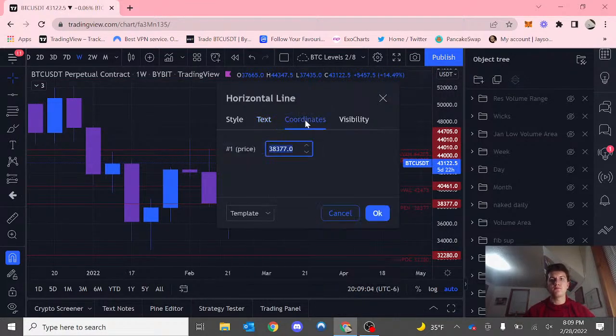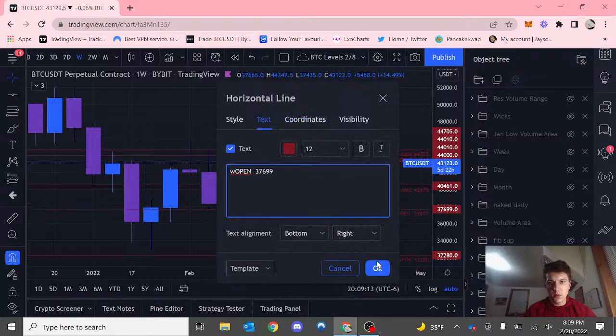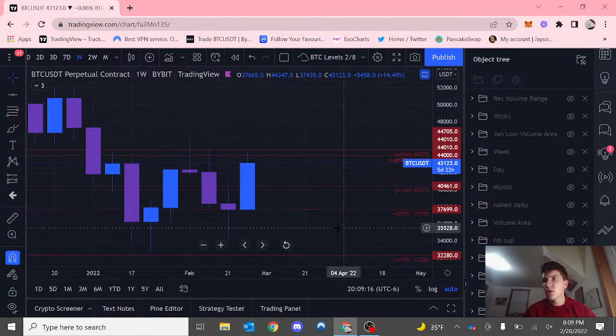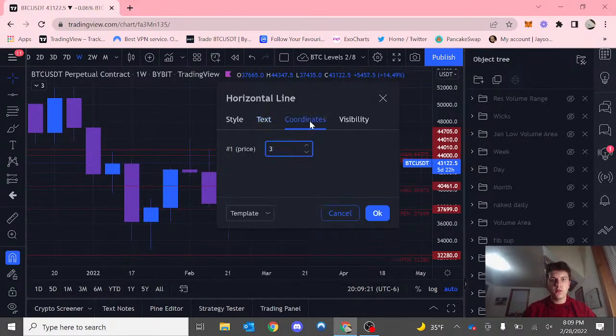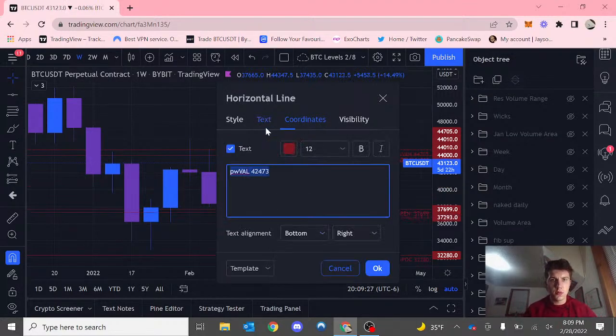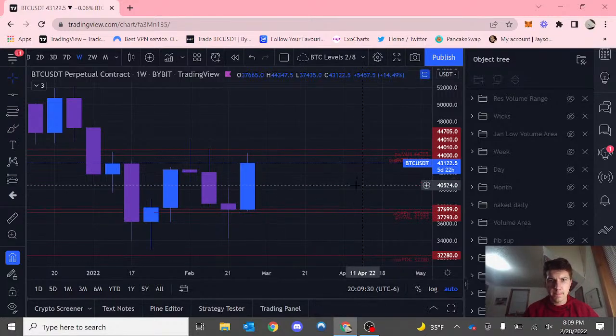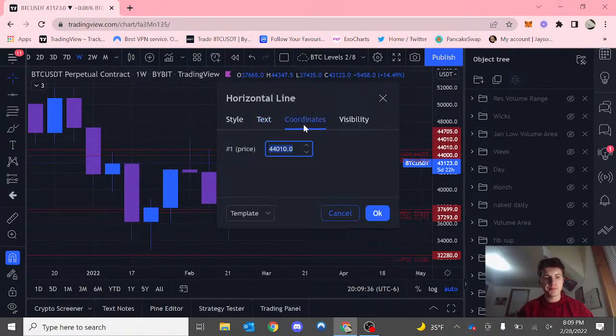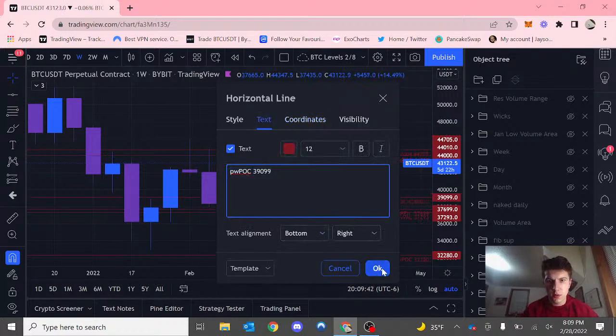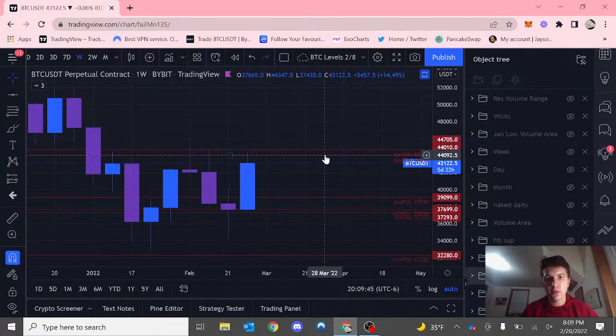Update this weekly open, which is 36.99. Previous week value area low 37293. Okay, what is this right here? Previous week point of control 39.9. Man, I just love having multiple monitors.